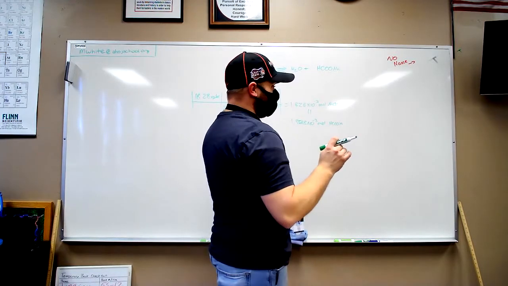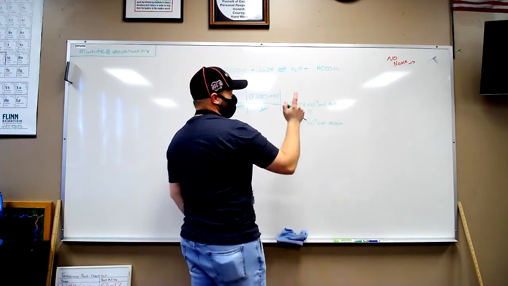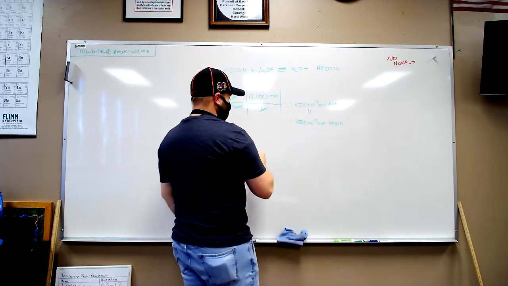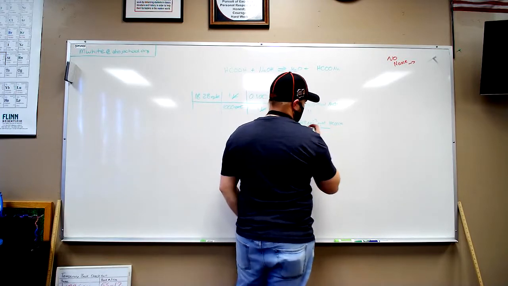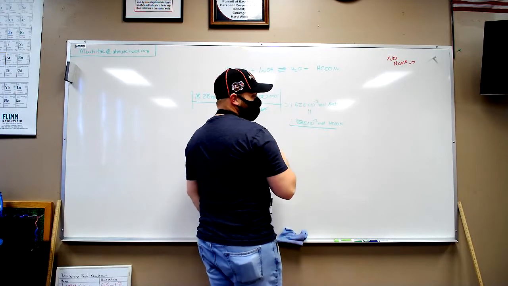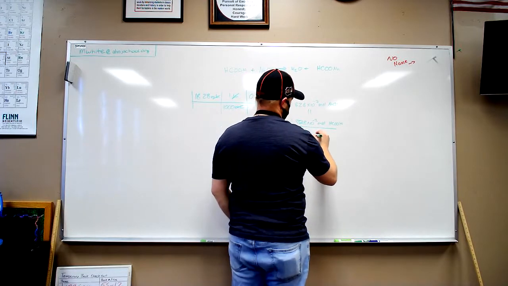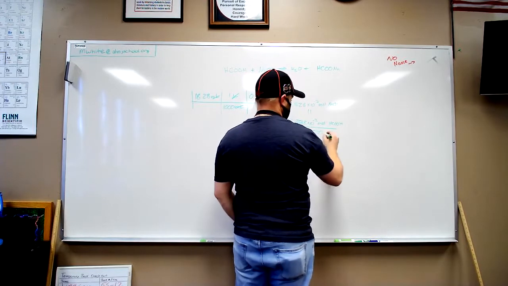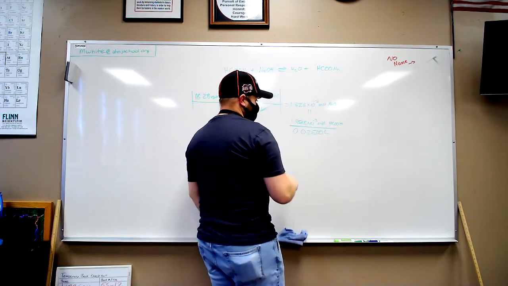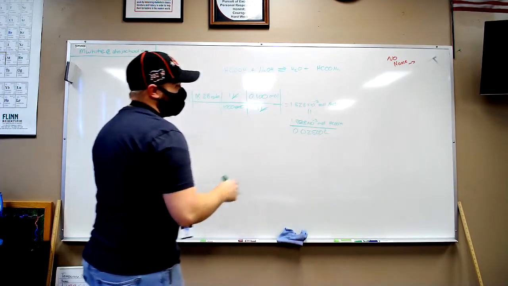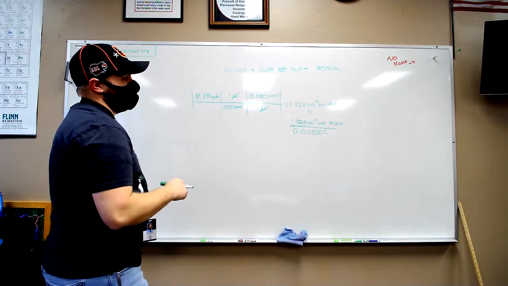Now, molarity is moles per liter. So we're going to convert 25 milliliters to liters. You can't do it in your head that fast, no problem, just do the actual math.